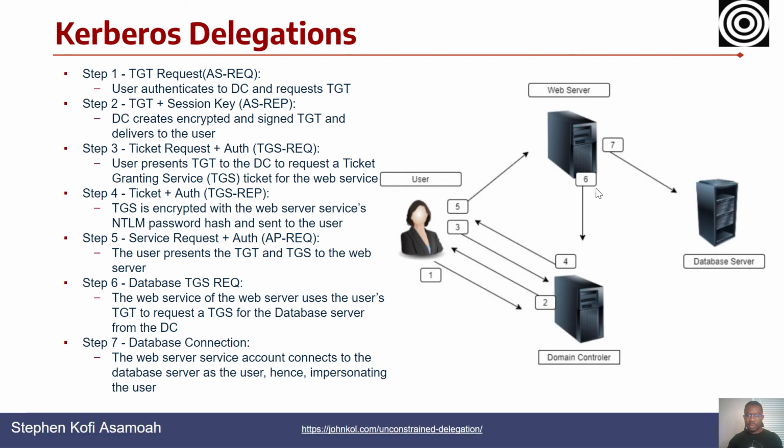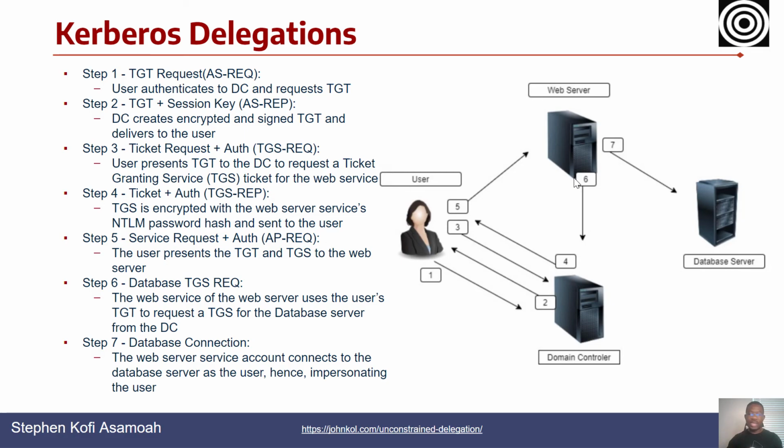The sixth step, which is the most important one, is this web server service account will take the user's TGT to request a TGS for this database server. And normally there should have been an arrow going back for, let's say, step 7, but it doesn't matter.